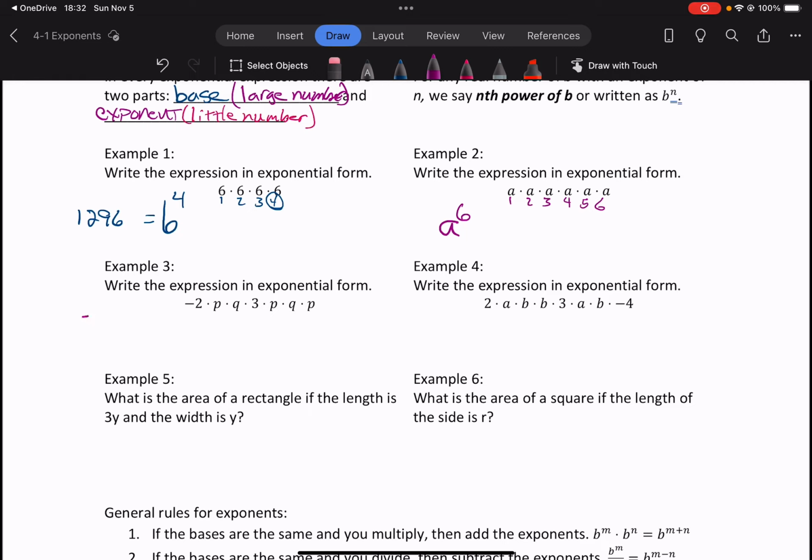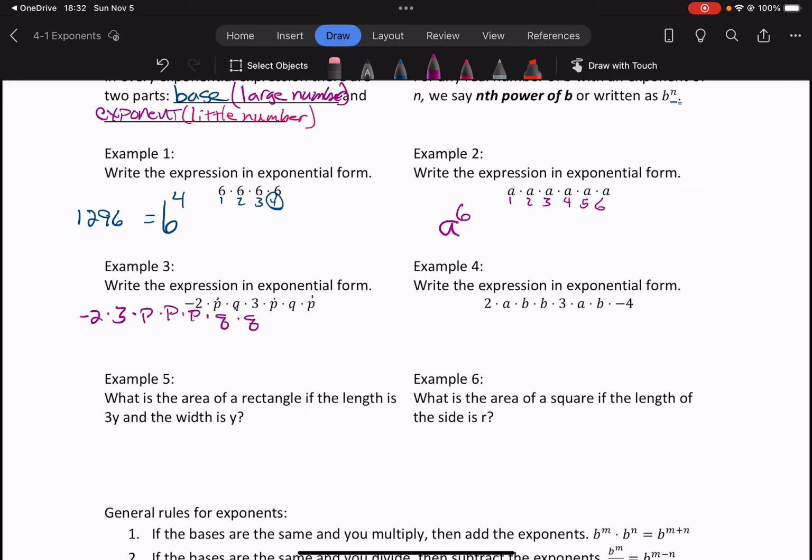So I can go -2 times 3, and then I write my variables in alphabetical order. The first letter alphabetically is p, so I won't go qp, I'll go pq. So I write my p's out: 1, 2, 3 p's, so p times p times p, times my 1, 2 q's.